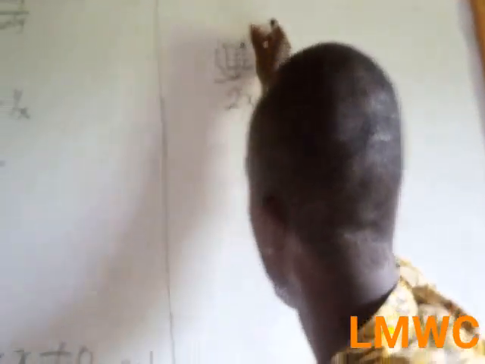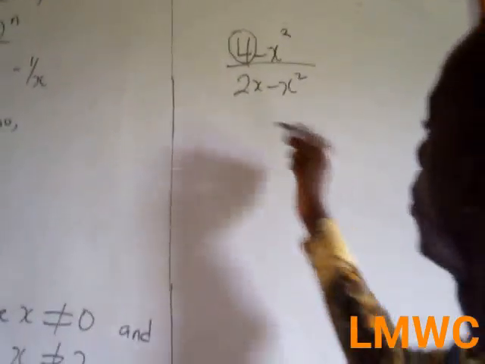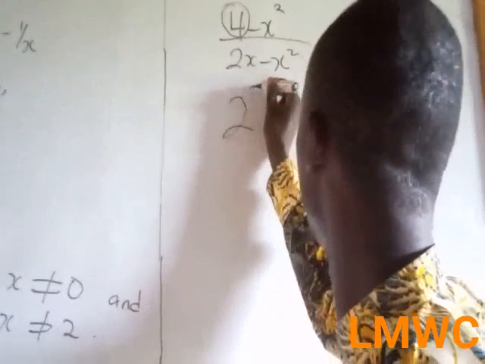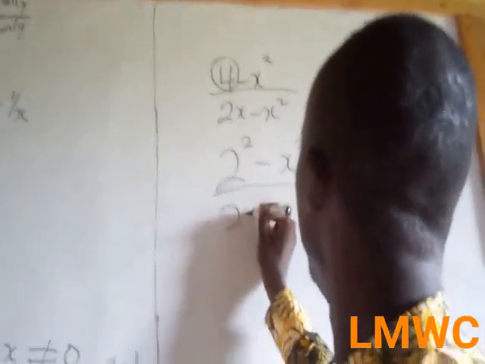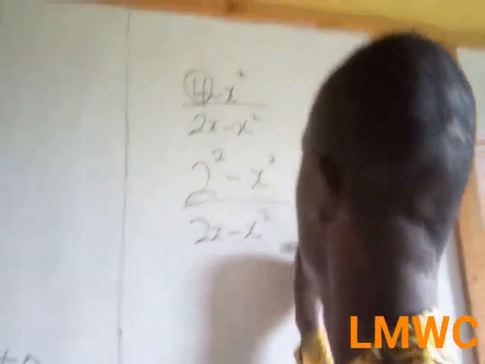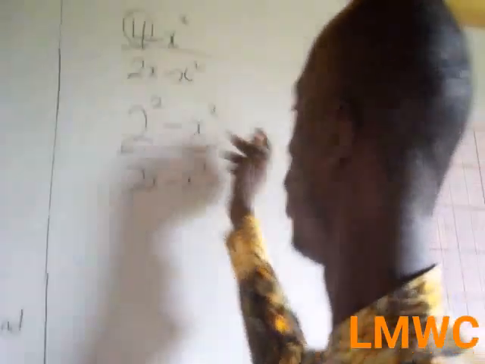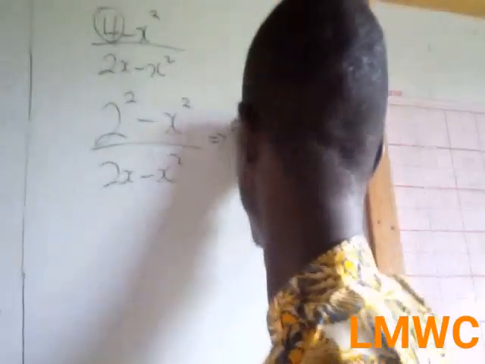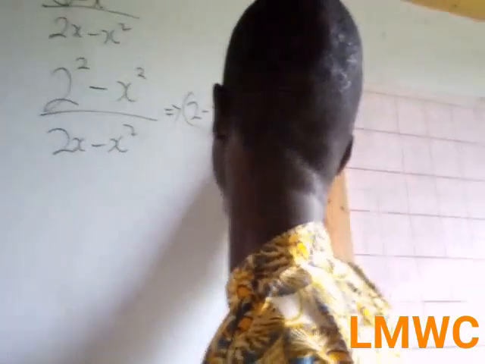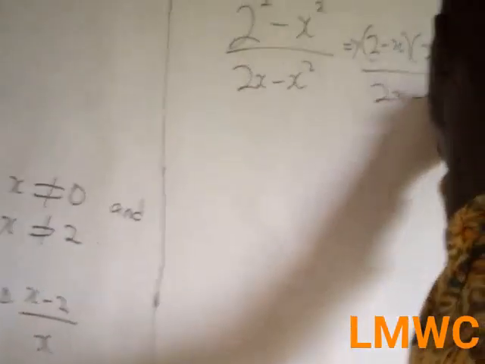This 4 is a perfect square. So we have 2 squared minus x squared over 2x minus x squared. So this is difference of 2 squares, and what we do is 2 minus x, 2 plus x over 2x minus x squared.